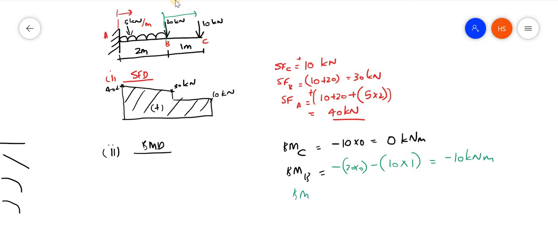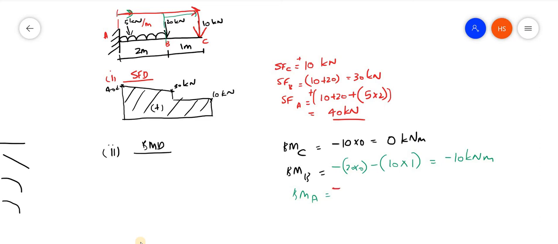Now what is the bending moment at A? I am considering from this point, so you have to clearly understand. How many loads are there? Two point loads and one more. First we consider the point load 10 kilonewton. This is the direction, so it will be moving down.